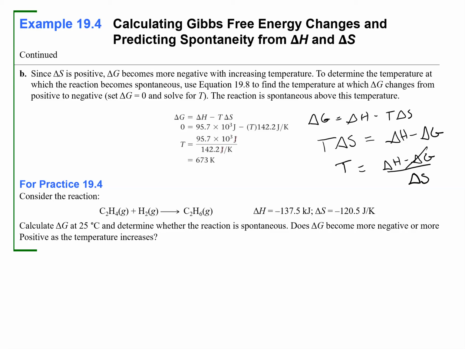It's going to be delta H over delta S, and you're going to get the same answer regardless, 673 degrees Kelvin. So that's not too complicated.